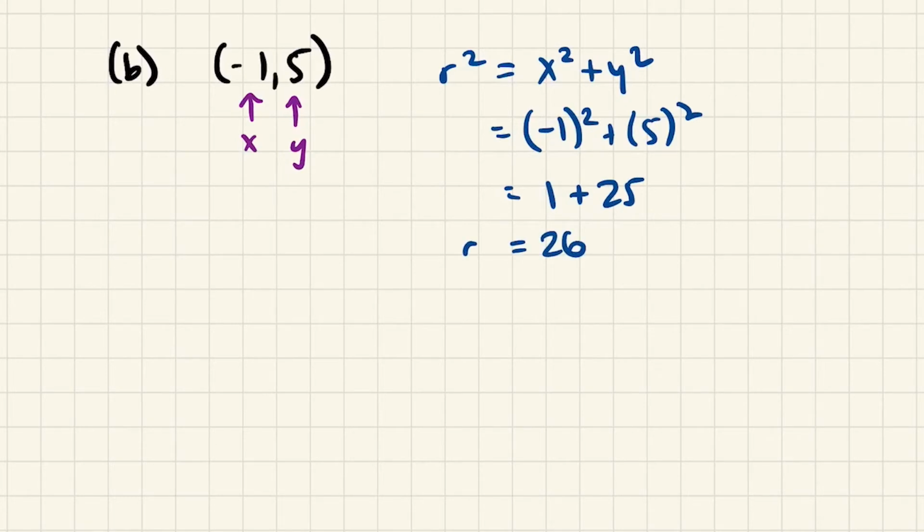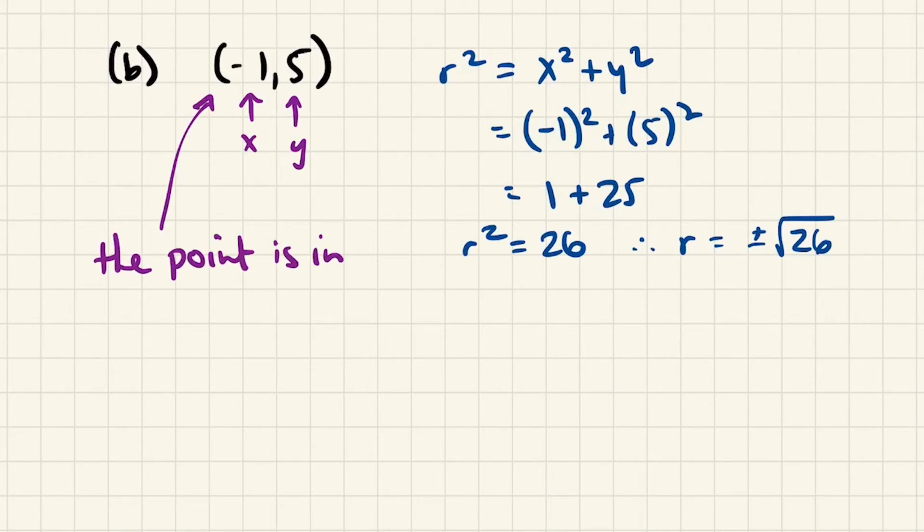Same reasoning as before, we could choose plus or minus root 26. We can see here that our point is in quadrant 2, just like the last one was, which means that if we choose a positive r value, we need a quadrant 2 angle. So let's find theta.